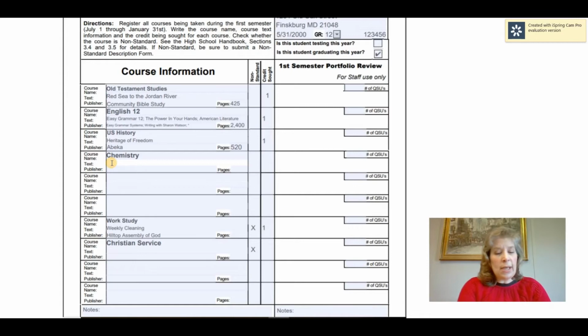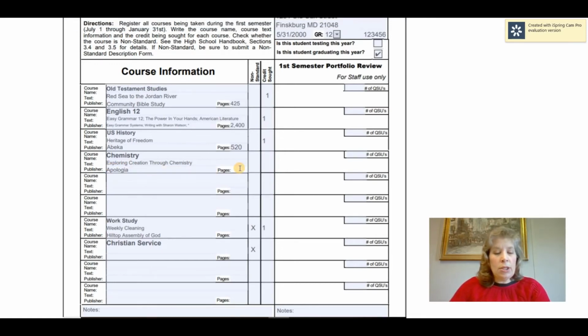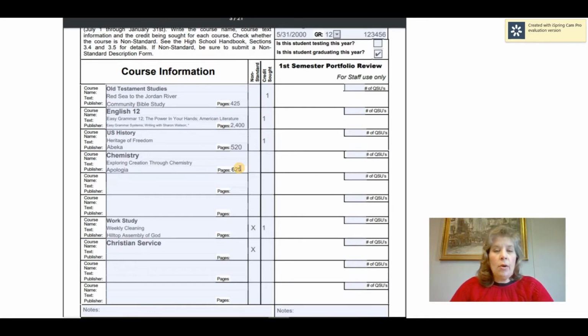Chemistry is the course name, and the text name is Exploring Creation Through Chemistry. The publisher is Apologia, and then we will fill out the page numbers where it says pages. We are seeking 1 credit.